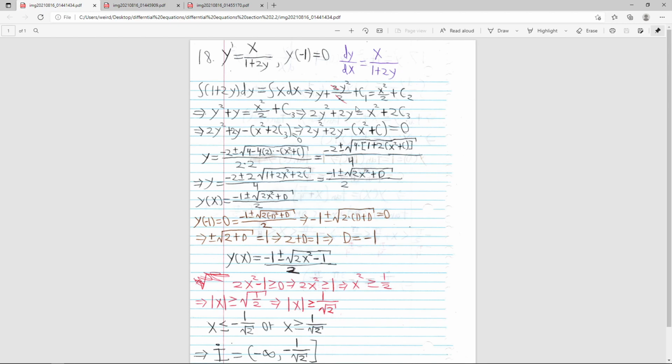So 2y squared plus 2y minus... Oh, I see, we have to solve a quadratic. Basically our c term is negative x squared plus 2 times c3, which becomes just big C, x squared plus c. We did one like this before, so quickly go through the whole process and you should get y of x equals that.